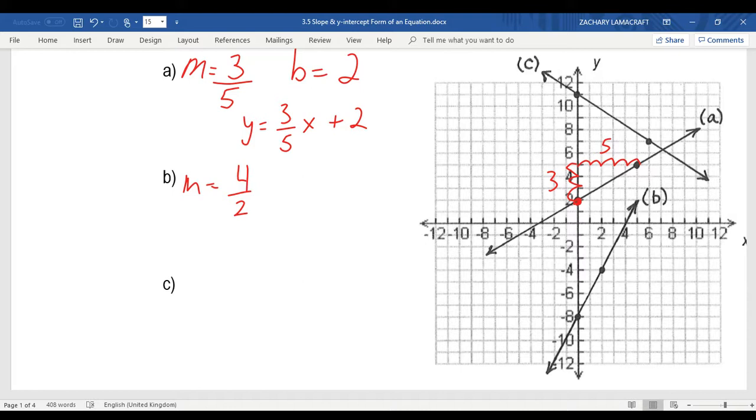Can I divide 4 by 2? Yeah. What's it equal? 2. So it's actually equal to 2. We've got to always think if we can divide the number. So say we had 8/2, we'd get 4. Or if we can put it in lowest terms, we're going to do that as well. And then what's our b from looking at that? Yep. -8.